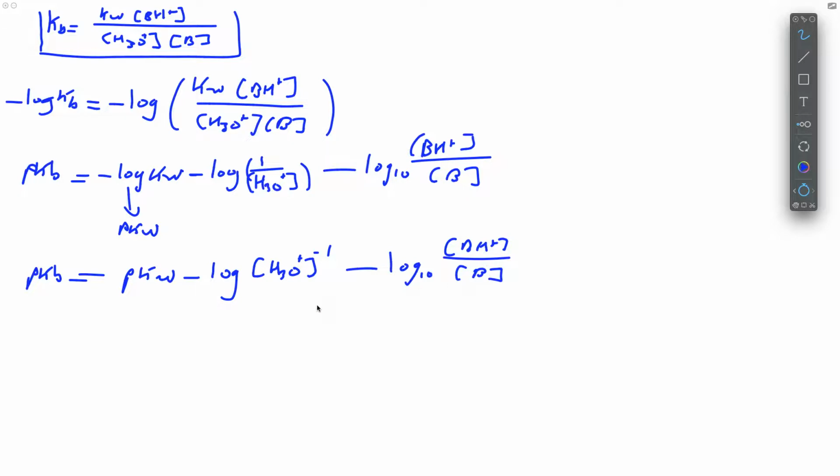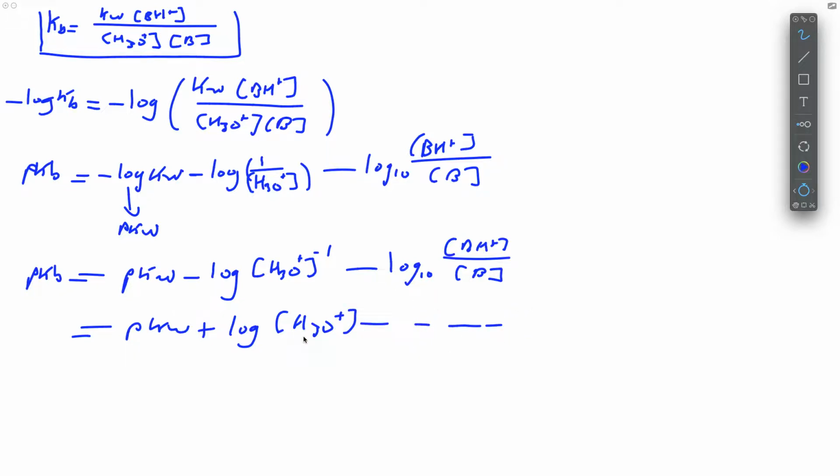And we know that if we're going to negative log the inverse, it's going to be a positive. So it's going to end up as pKw plus log hydronium ion concentration minus this section here.